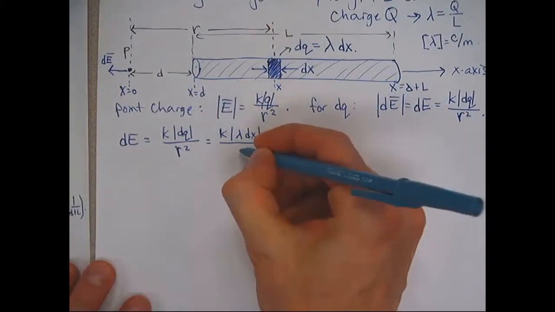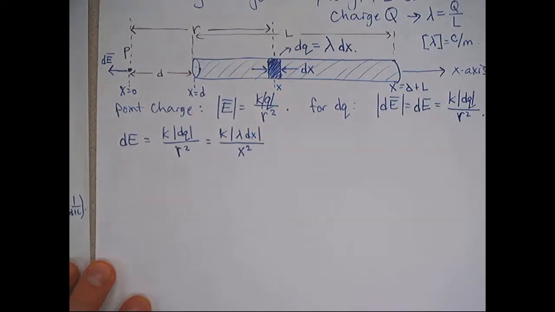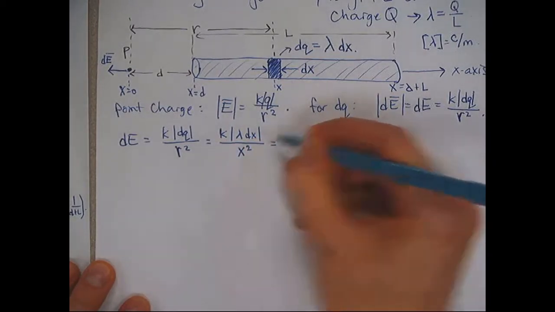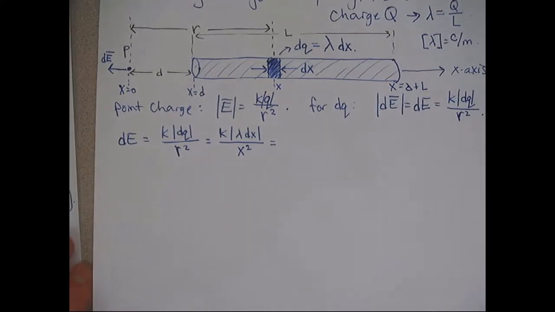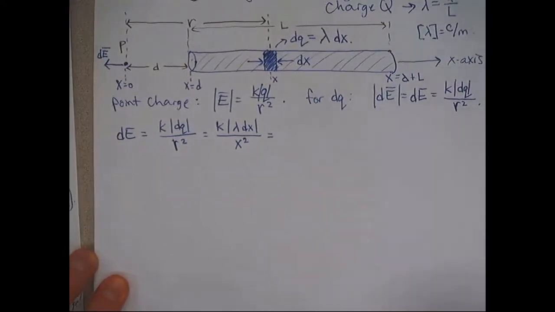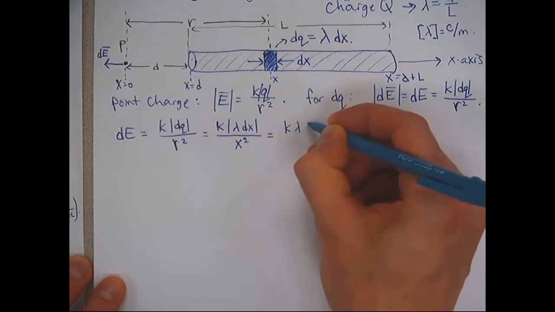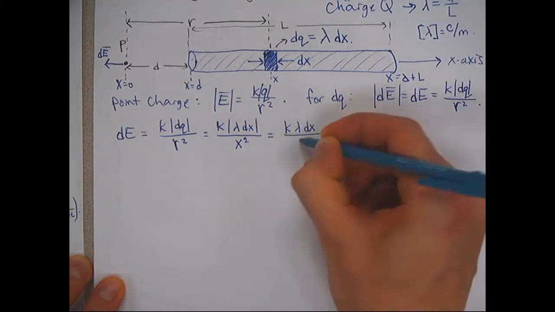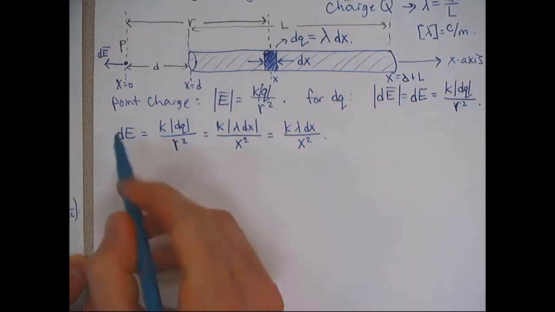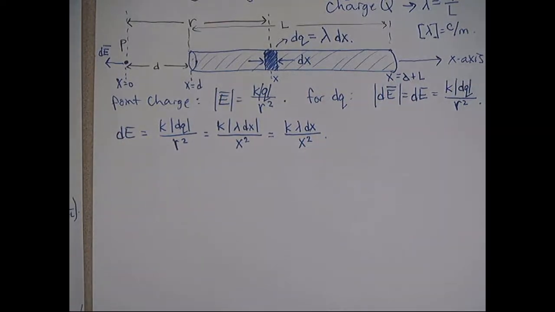Here that distance is just x. And because we assume the charges are positive in this problem, we can drop those absolute value signs. So k lambda dx over x squared is the magnitude of that dE vector.